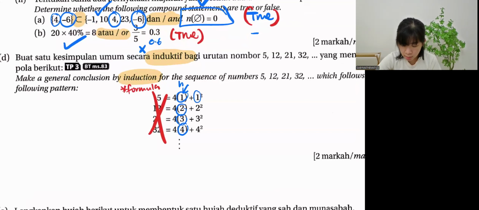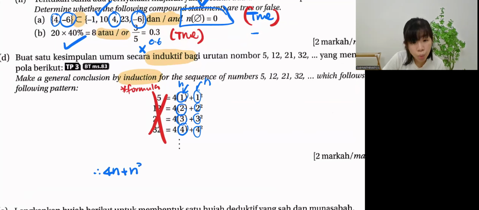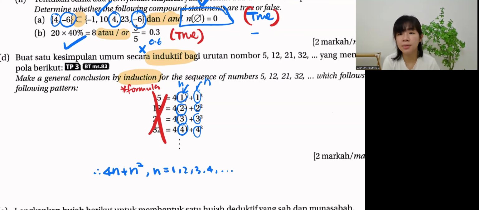Then 1, 2, 3, 4 also, this also can change to n. So at the end, the answer is 4n plus n squared, comma, n equals 1, 2, 3, 4, and so on. Got n squared at the back. Exactly. You want to say you're blind again, is it?